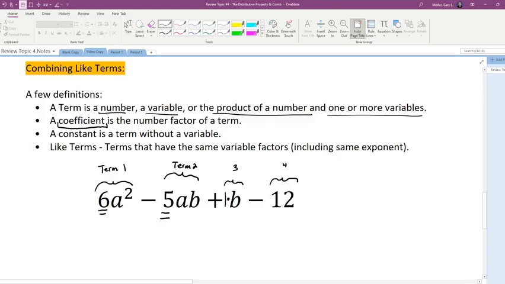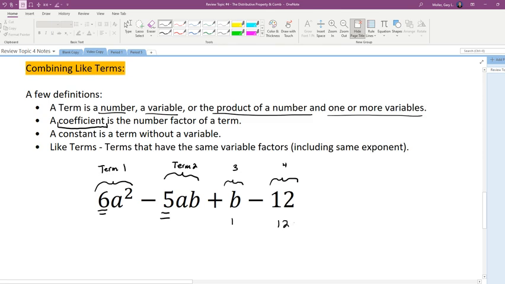So it'd be redundant, it'd be unnecessary to write the 1b. You can write it. Most mathematicians, once you get to a certain understanding of math, would never do that. But for Algebra 1 students, if you want to write a 1b, that's fine. And so the coefficient on this one would be just a 1. And this would be a coefficient of 12.